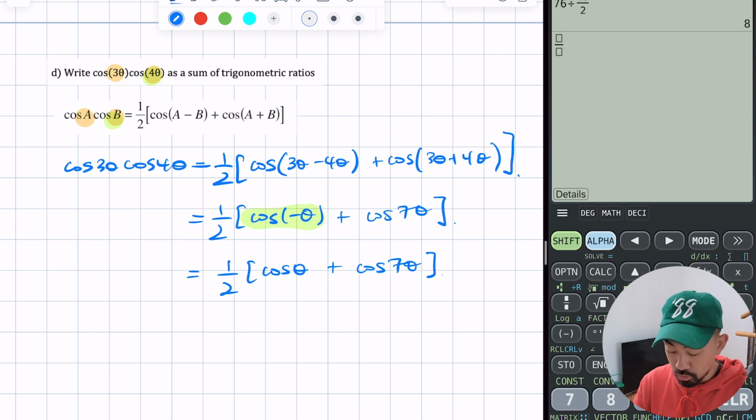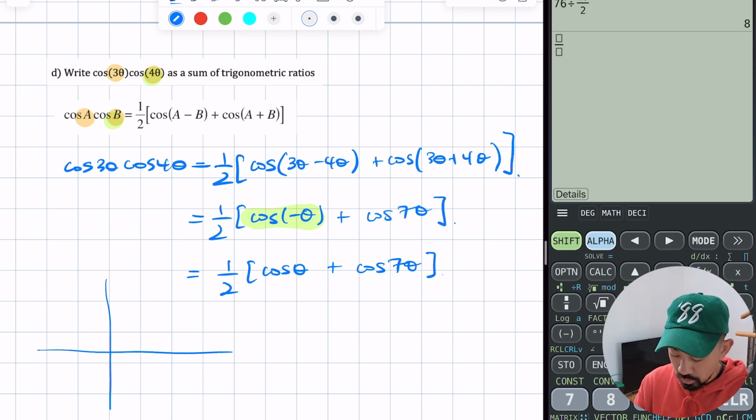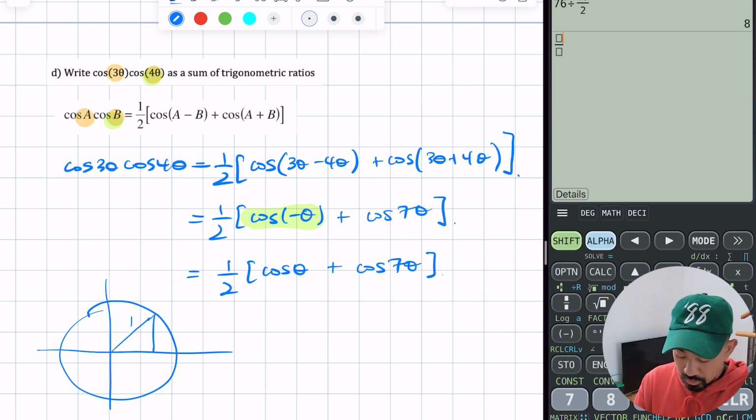Now, if you're not sure why that's true, think back to your unit circle, okay? So your unit circle looks something like this. And if you think back, with a radius of 1, this x value is always equal to cos theta. Okay, that x value is there.